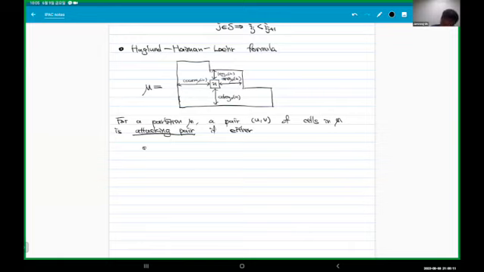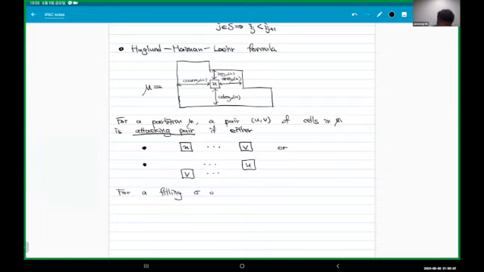So either U and V are in the same row and U is left to the V, or U is in the row right above the row where V is, and U is right to V. So if either of these two conditions is satisfied, then we call the pair U and V an attacking pair.